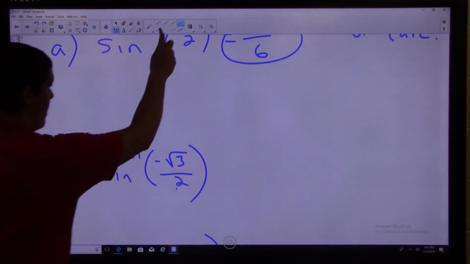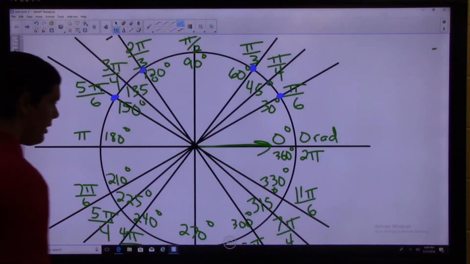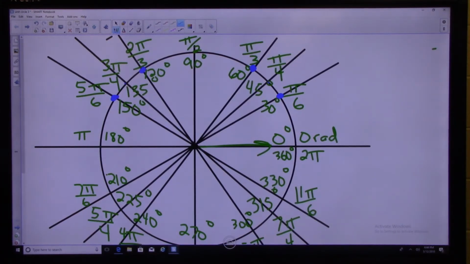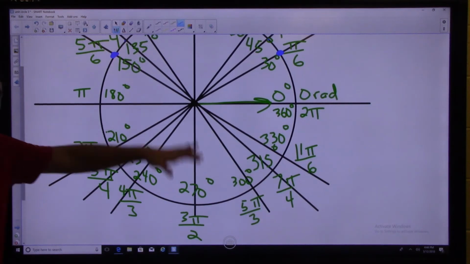Here we go, this one in green. If we want to find the inverse sine of -√3/2, the question you need to ask yourself is, what did my angle have to be in order to get a sine ratio of -√3/2? Let's go back to the unit circle. With -√3/2, our sine value is negative, so our y value is negative, so we have to look below the x-axis.